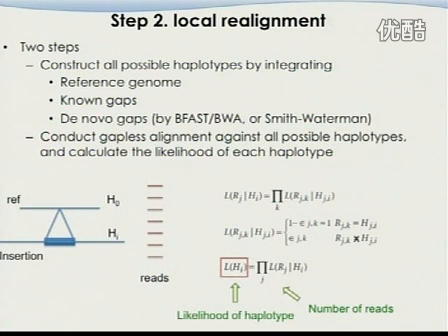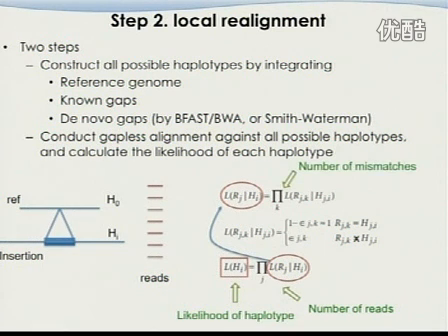This likelihood is calculated as a sum over the number of mismatches in those regions, and these are just the quality measurements for each match and mismatch, so you have different likelihoods. The bottom line is you have two potential haplotypes, you align all these reads back to them, and you calculate the likelihood of whether this new haplotype is a possible solution as well.